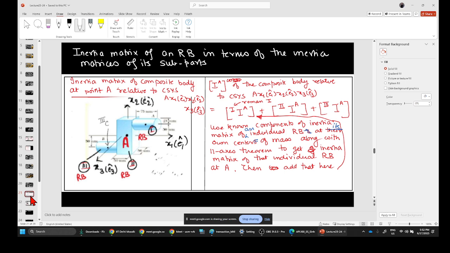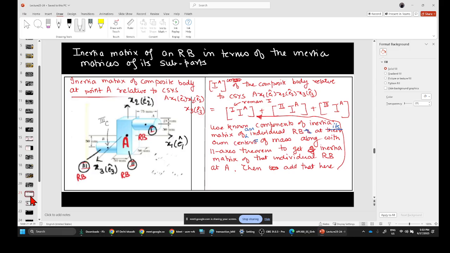Now on this slide, I am showing how the inertia matrix of an RB can be computed by adding the inertia matrices of subparts of an RB. This is something like the center of mass concept we discussed earlier.